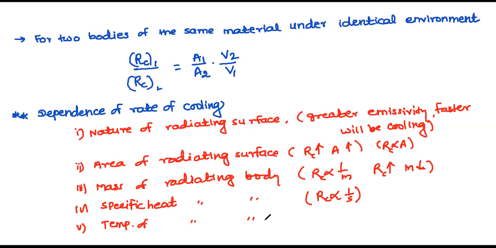RC is directly proportional to the temperature, that is theta of the body, and the temperature of the surrounding. The greater the surrounding temperature, the slower RC will be.